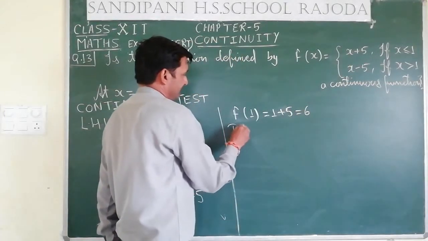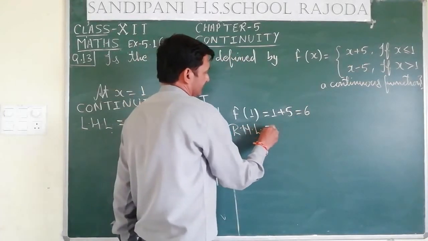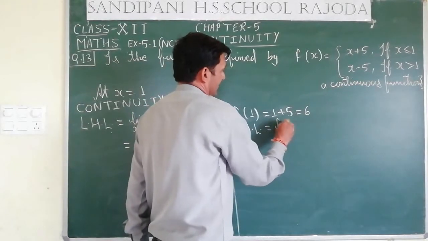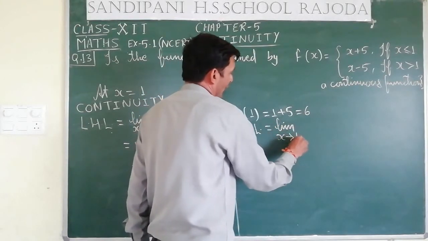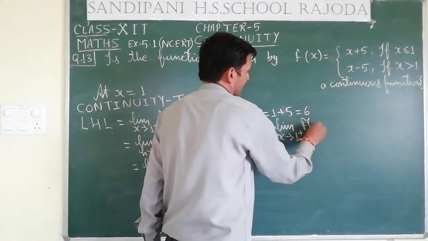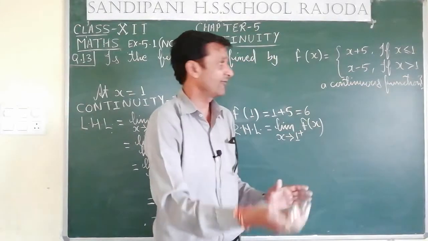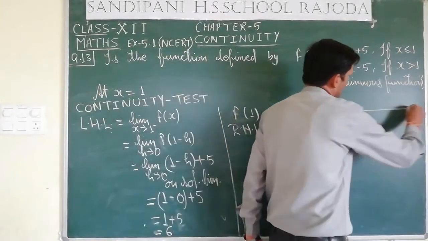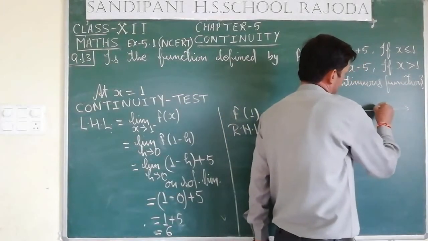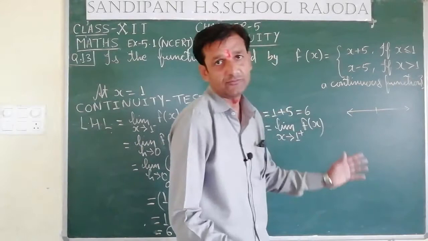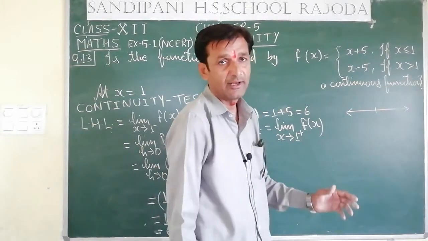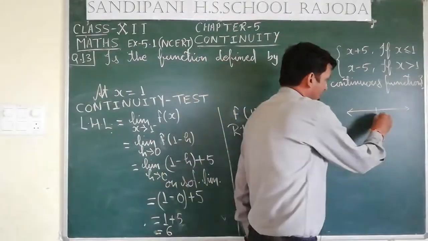Now RHL, limit x tends to 1 plus f of x, meaning 1 plus means greater than 1. Again I am showing you on the number line. I have told it repeatedly in my early lectures, but I am telling it now also.